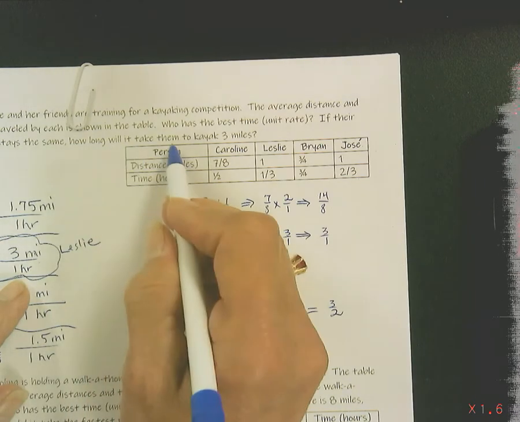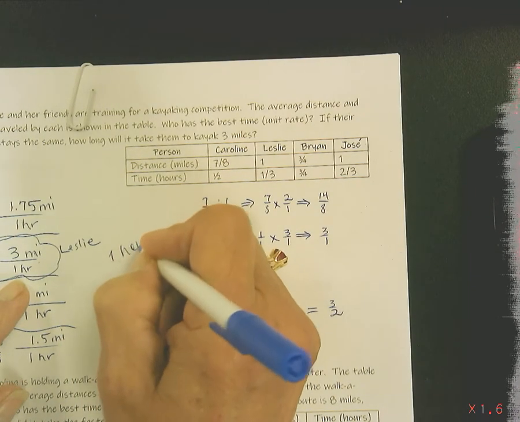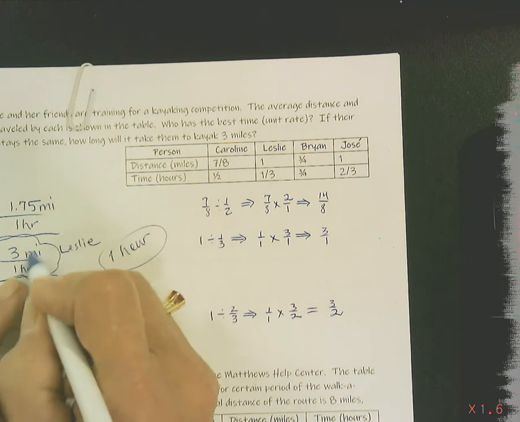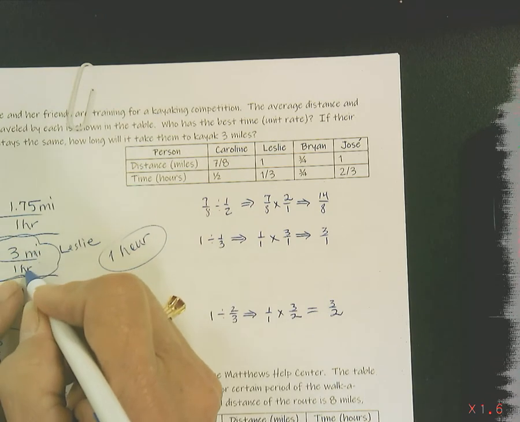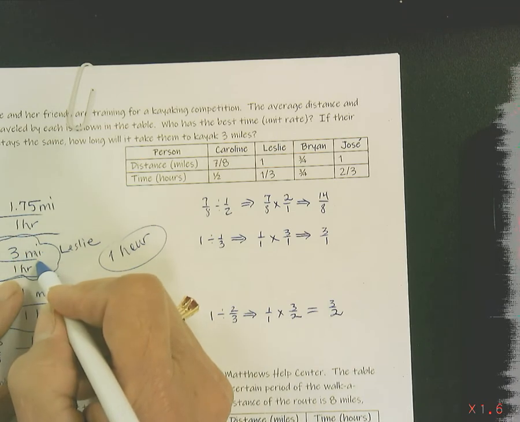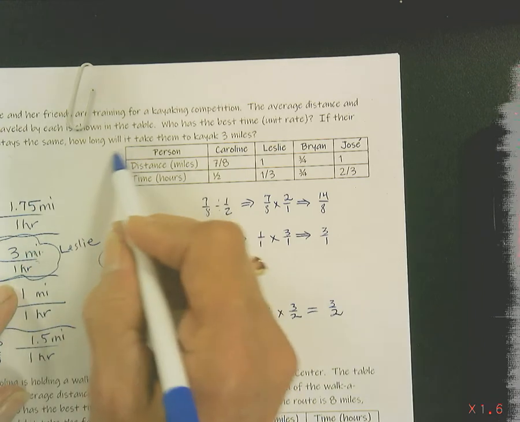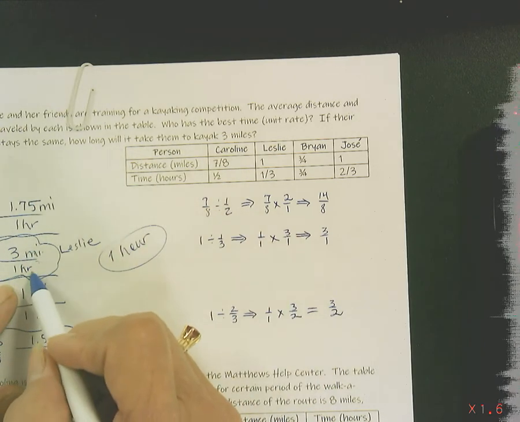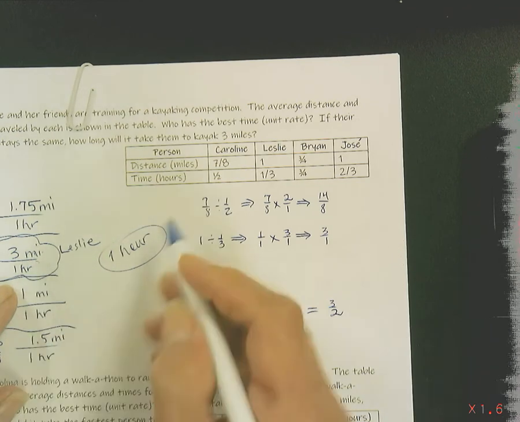I don't get that. That's what 3 miles an hour means. 3 miles in 1 hour. What's the question? If her speed stays the same, how long will it take her to go 3 miles? An hour. It says on the bottom. 3 miles per hour.